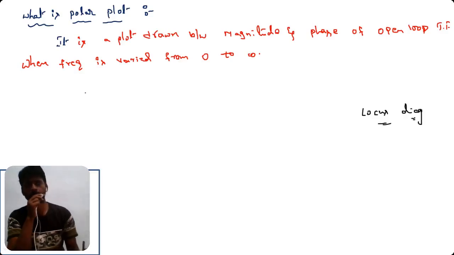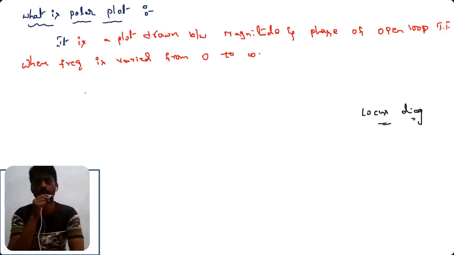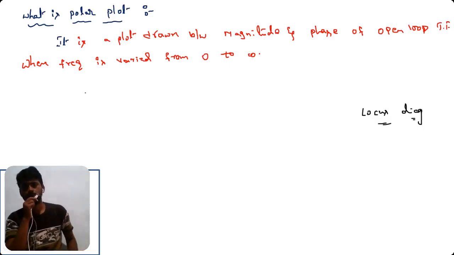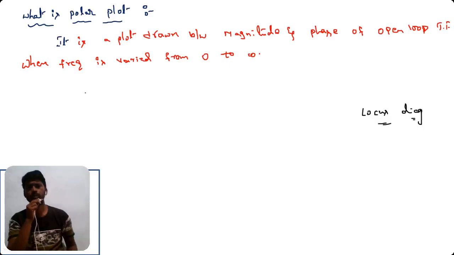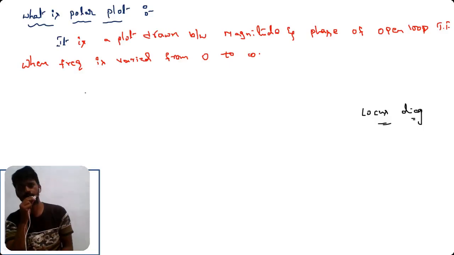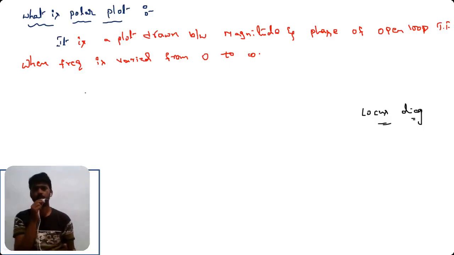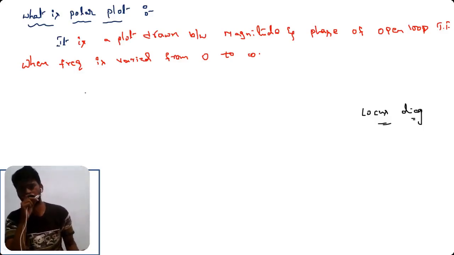In that locus diagram, for an RC series circuit or RL series circuit, we are varying one parameter while keeping another parameter constant. If we keep one parameter constant and vary the other, the current phasor will vary in a semicircle manner. You have seen that in that subject.